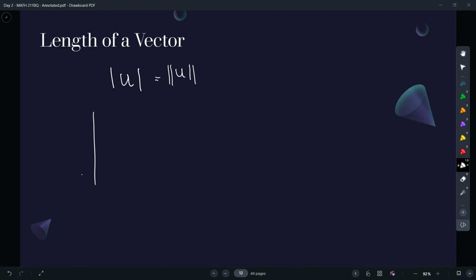In 2 and 3 dimensions, we have seen what the distance formulas are. So if I have a vector here, this vector is going to have coordinates.